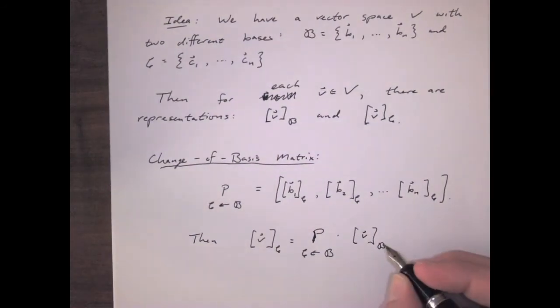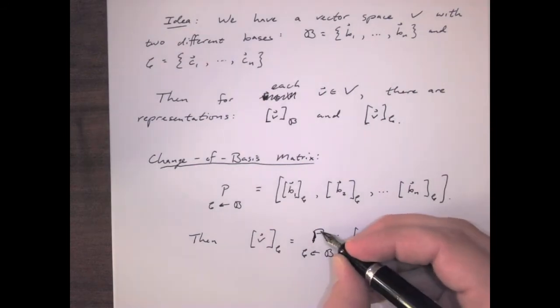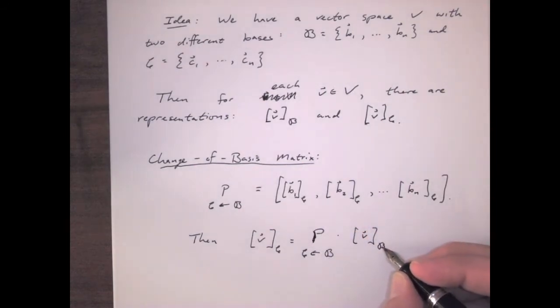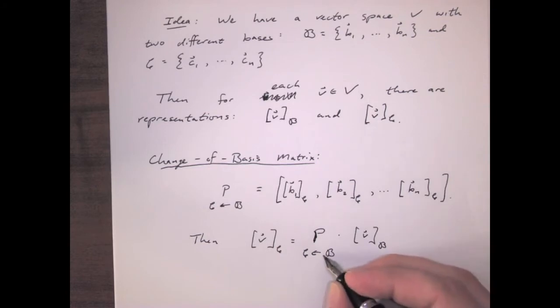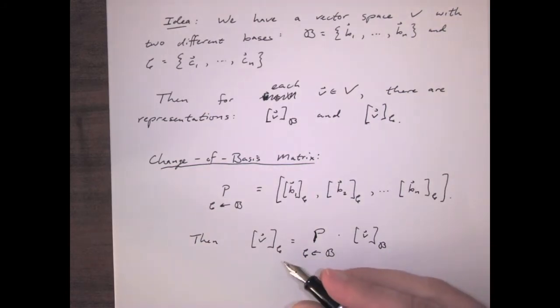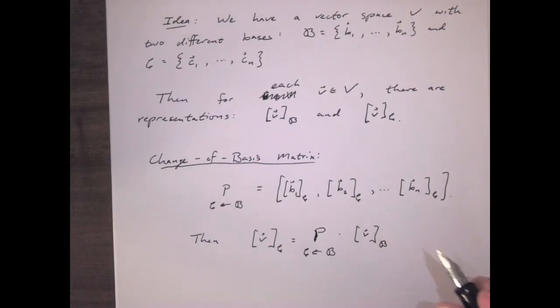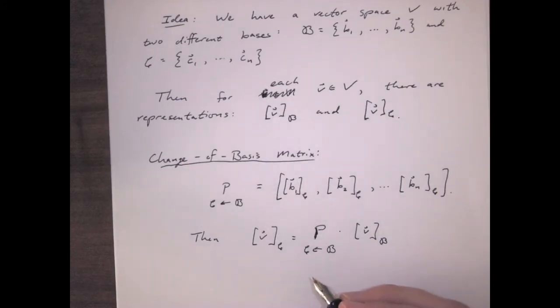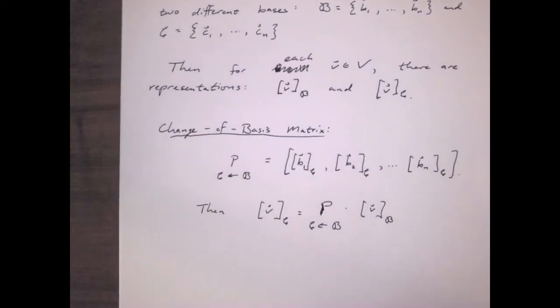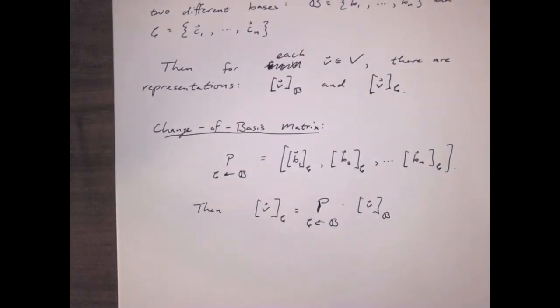Since we're multiplying by the matrix from the left, it suggests that we're converting from B via this matrix into C. But how do we actually make this thing? This would then turn it into just a simple matter of matrix multiplication, if that were to be found. But how do we find it?